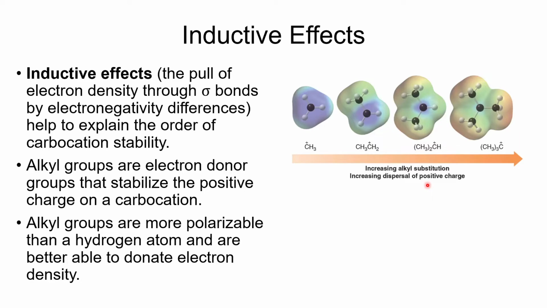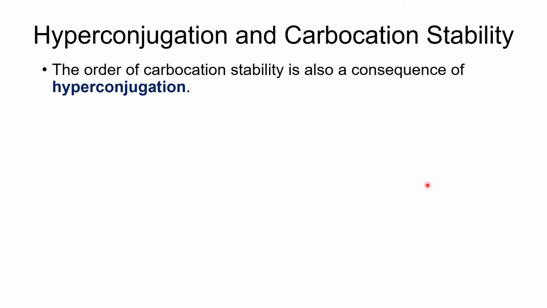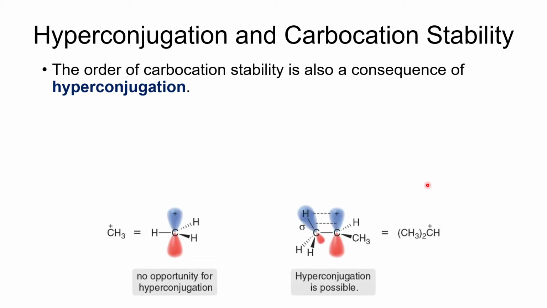The other effect that we want to look at is something called hyperconjugation. We can also use hyperconjugation as a way of thinking about carbocation stability. All right. So here I've got a methyl carbocation, and over here we've got the ethyl carbocation.